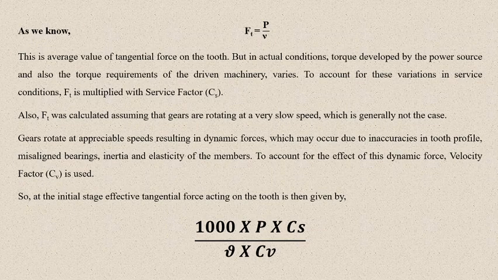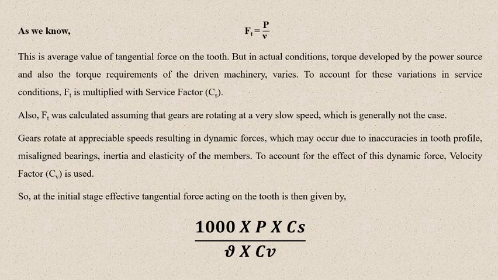This slide is very much similar to the spur, helical and bevel gear. As I told previously, in the design of spur gear, helical gear and bevel gear, there is some variation in forces and torque due to the dynamic action, and due to this we need to add some factors like service factor and velocity factor respectively to consider overall load during the meshing of the teeth of gear.